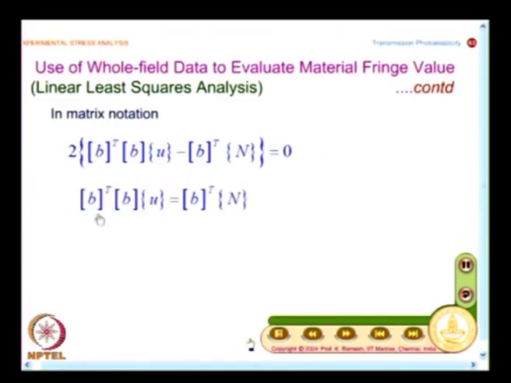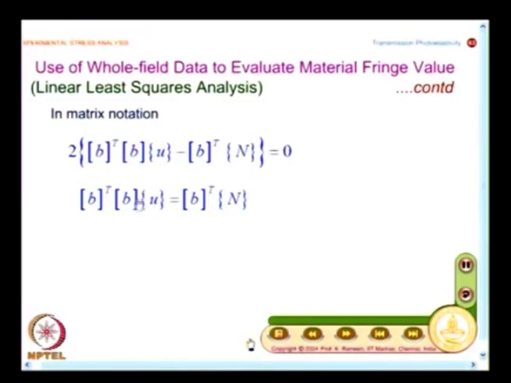I have this as B transpose B into U equal to B transpose N. To recognize the set of 4 equations into a matrix notation like this requires some reflection on your understanding of indical notation. If you have understood indical notation, you can quickly write it. If you have not done indical notation, you write several expressions and then see that this can be re-represented in a convenient matrix form.